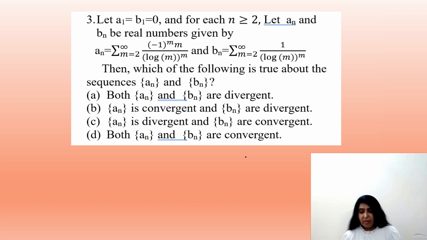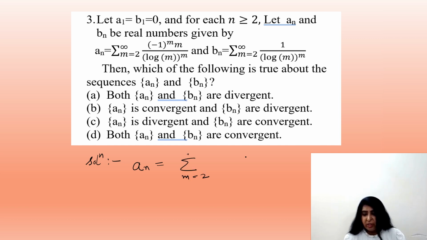Now our An is given as sigma m varies from 2 to infinity, (minus 1) raised to power m divided by (log m) raised to power m.